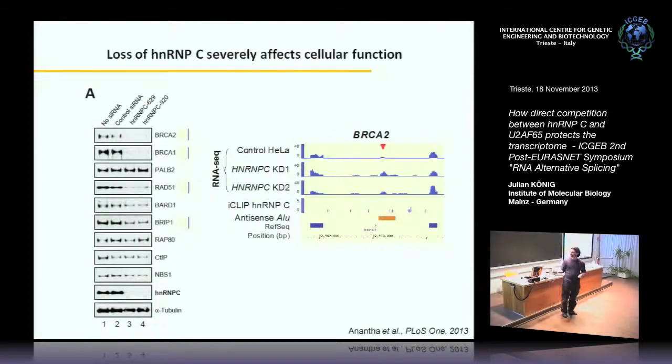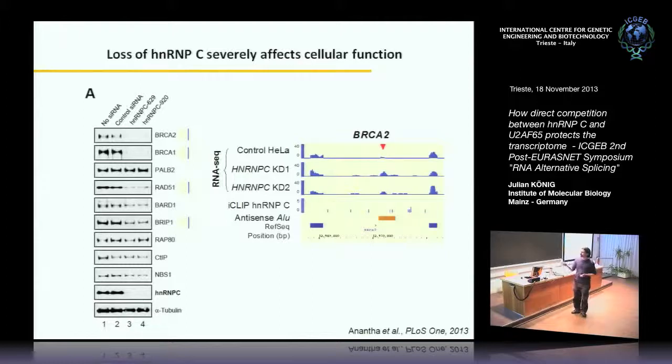What they did was they knocked down hnRNPC, and then they saw a decrease in the proteins of four very important factors: BRCA1, BRCA2, RAD51, and BRIP1. And they asked us, okay, could you explain what is the reason for that?